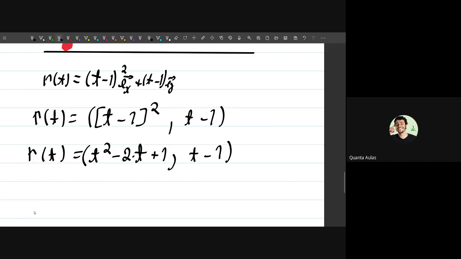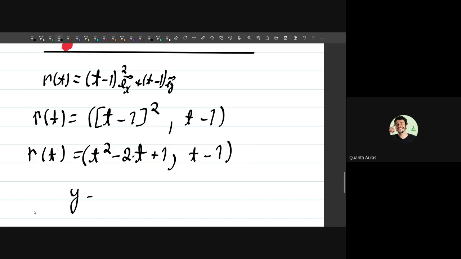Now we can derive this. You need one rule to do this derivative, and it's a really easy rule.